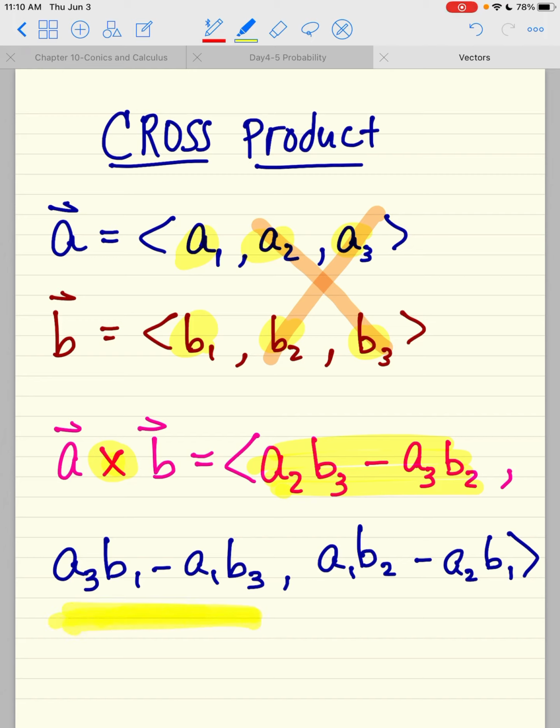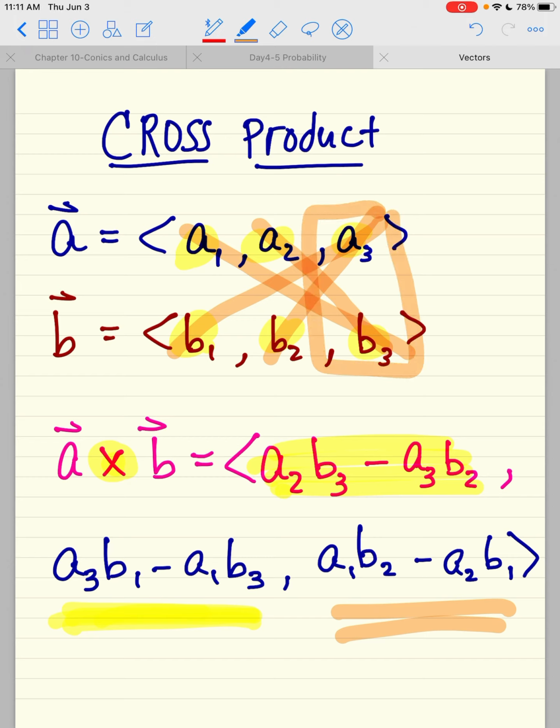The way that you do that is you're going to do A3 times B1 minus A1 times B3. Finally, to get the third, you're not going to use the third part here, okay? So we're going to do A1 times B2 minus A2 times B1. And we're going to write it as a vector.